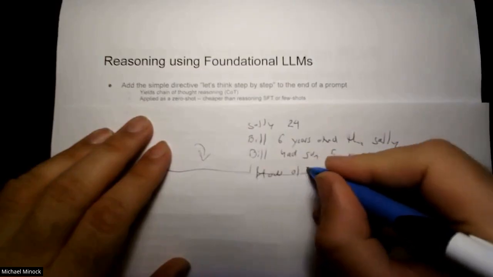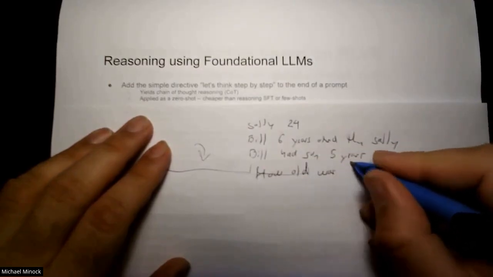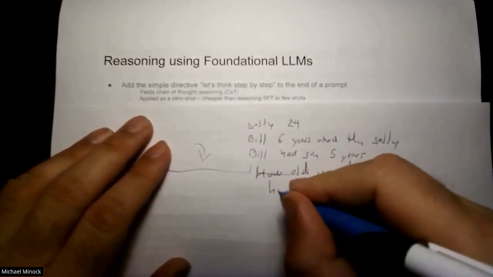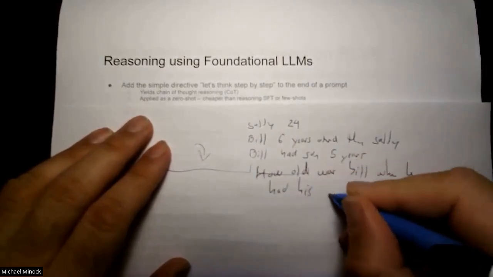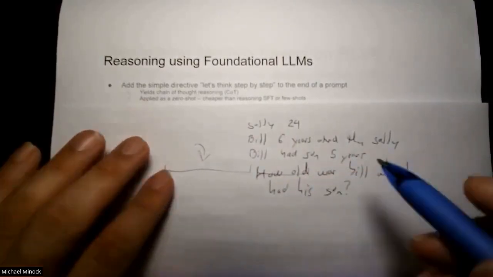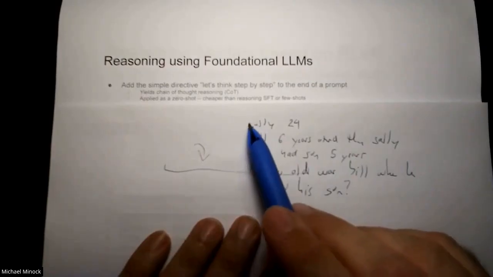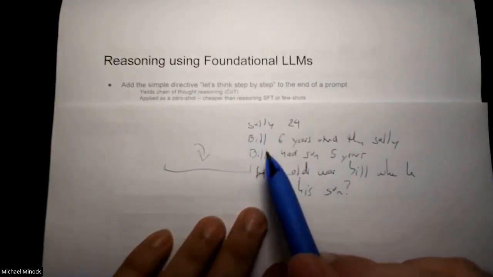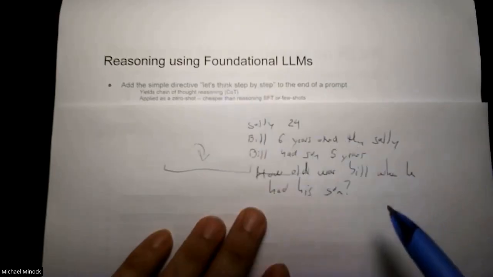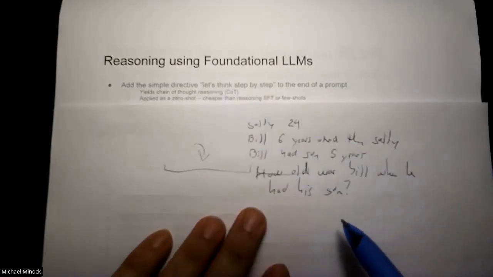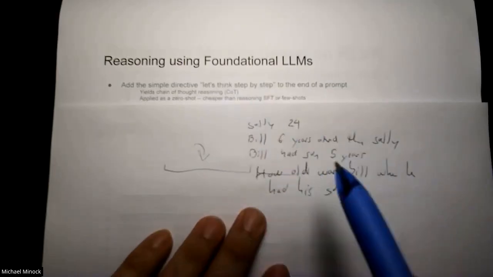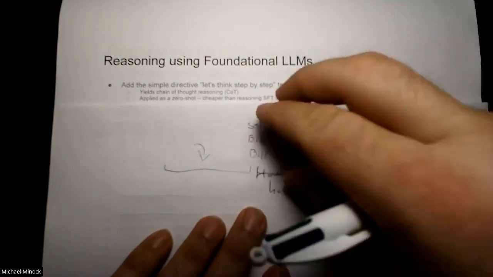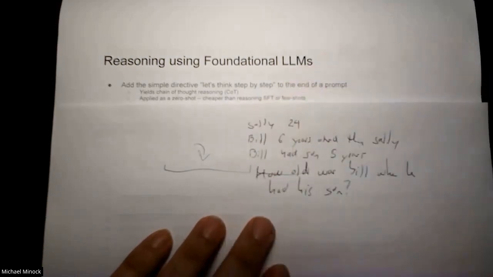How old was Bill when he had his son? If you put this in as your prompt, and you don't have "let's think step by step," the answer may just come out as the flat 25. It will be able to bring enough of this together in one spot to get 25 out, or it may just get nothing out.